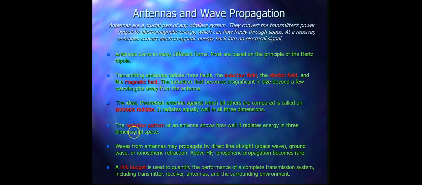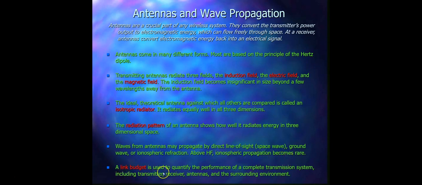Next is the radiation pattern of an antenna, which shows how well it radiates energy in three-dimensional space. Then, waves from the antennas may propagate by direct line of sight, ground wave, and ionospheric refraction. And above high frequency, ionospheric propagation becomes rare.